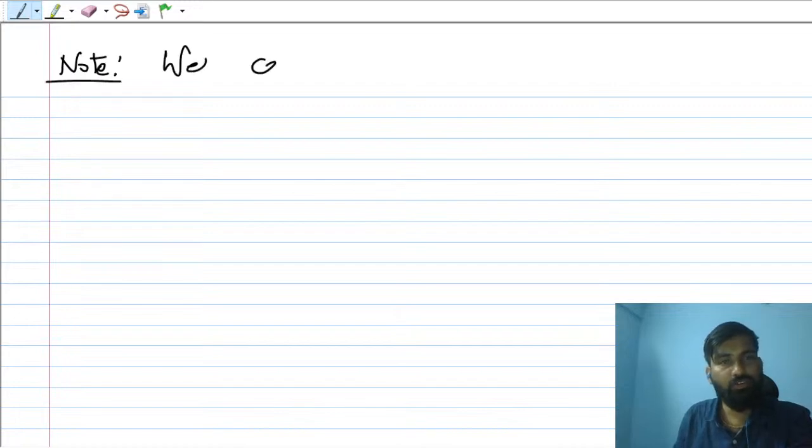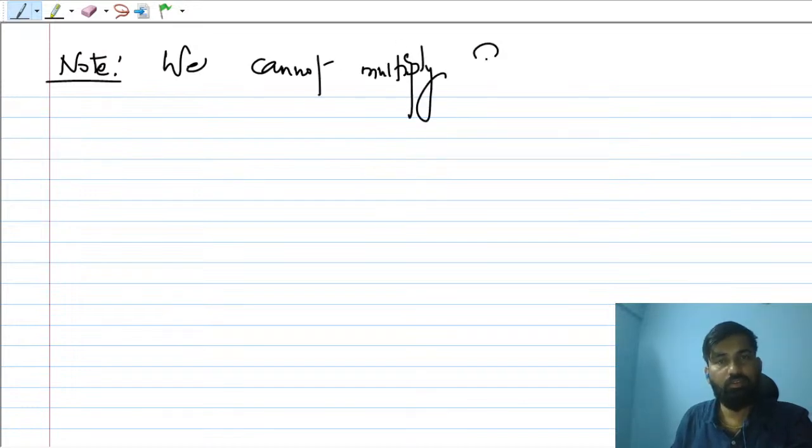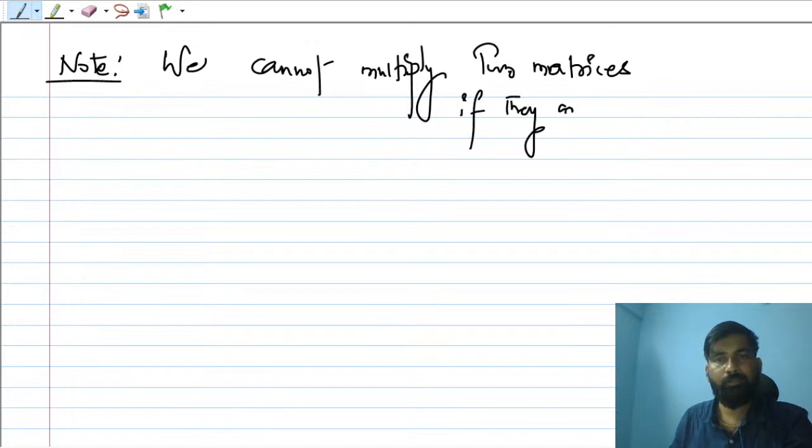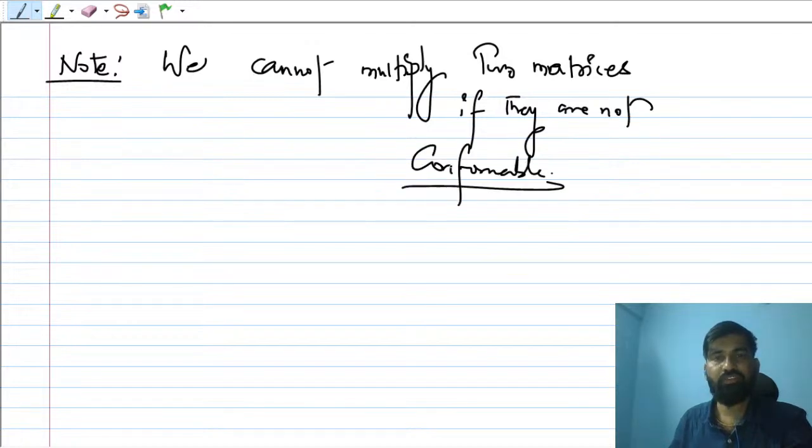We cannot multiply two matrices if they are not conformable. If they are not conformable, don't try to multiply two matrices, okay?